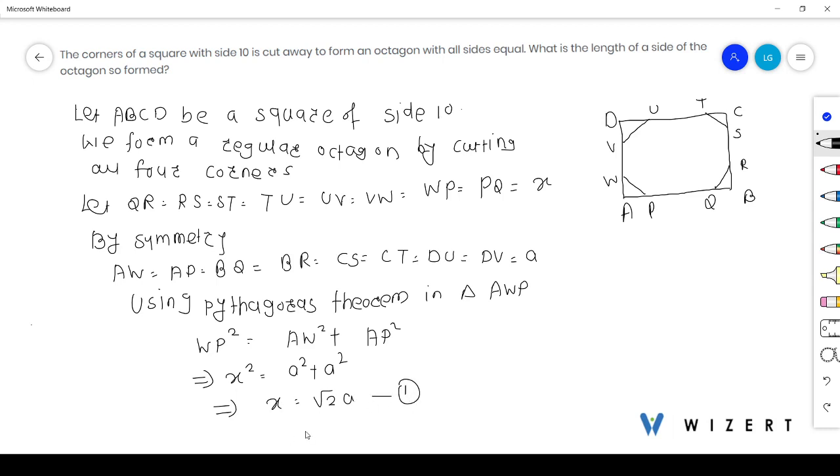Suppose this is 1. And AB equals, here we can observe, AP plus PQ plus QB.